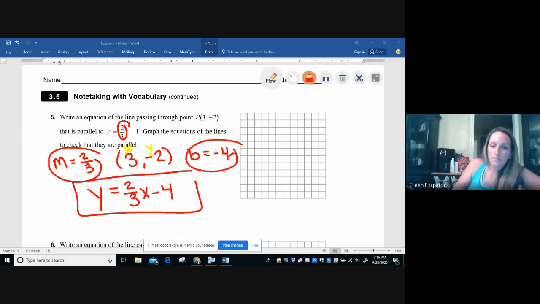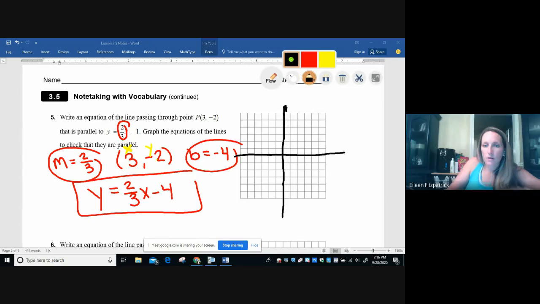Okay. All right, now for graphing purposes, let me make my x and y axis nice and dark. So here's my y, try to get it straight. Here's my x. So when I go to graph, I'll graph the equation they gave first. So the y-intercept is at -1, plot a point at -1.